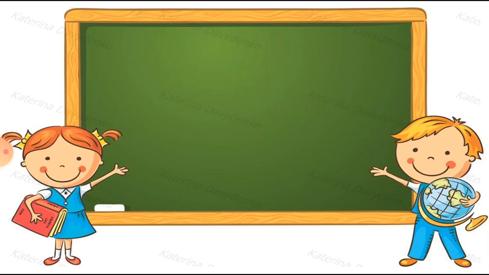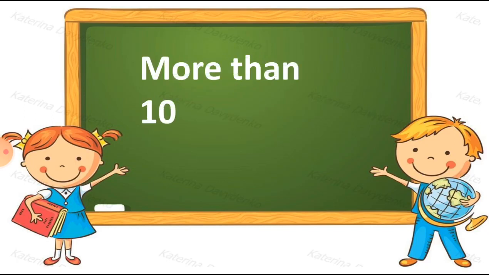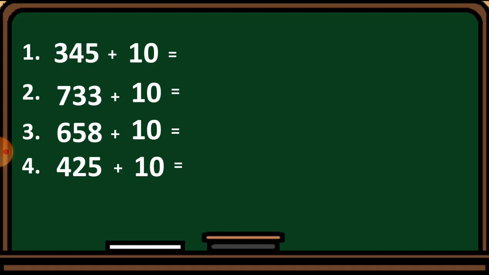Let's see this. First of all, we see more than 10. It means we have to add 10 to the particular number. Let's see how we can add this. Here are some examples for you. Number 1, you can see here, 345.